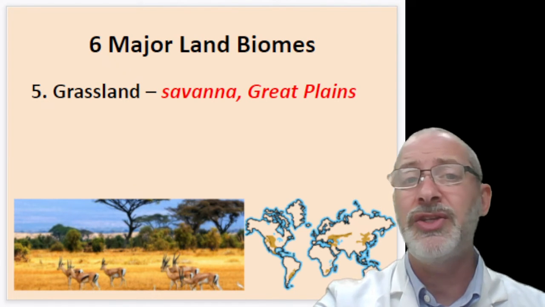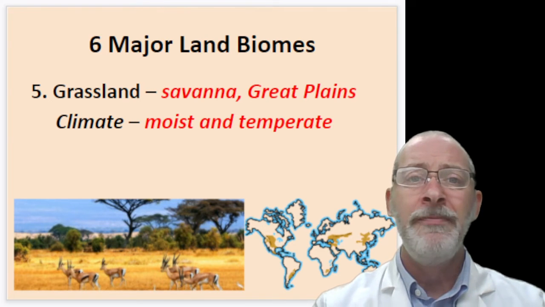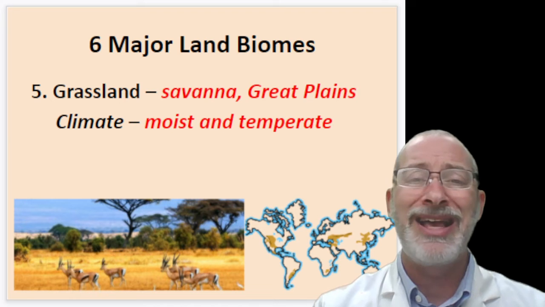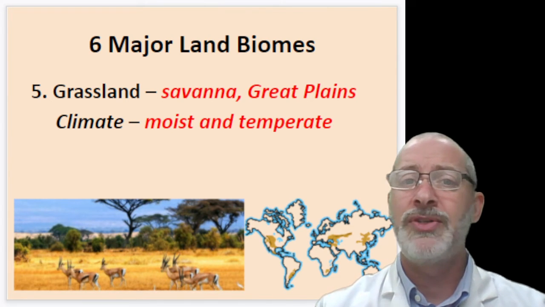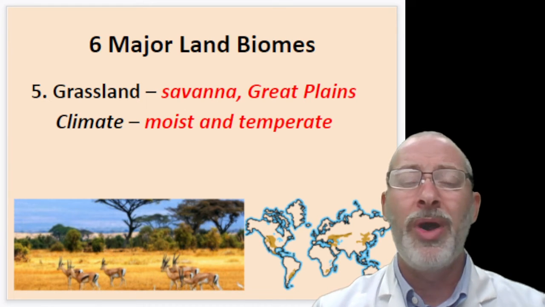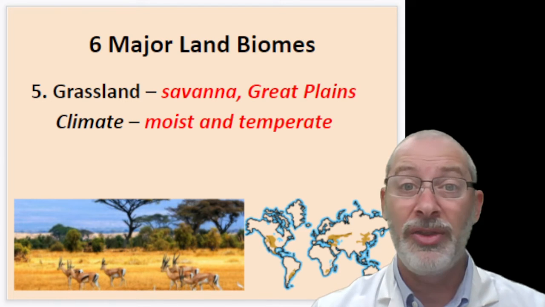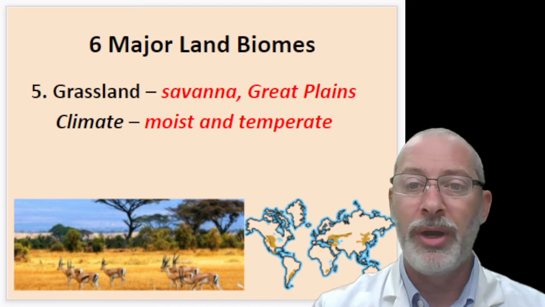But in grasslands, no matter what kind you have, although there are some extremes, most grasslands are going to be somewhat moist, to provide enough precipitation for the plentiful grasses, and somewhat temperate. They're not located near the tundra, they're not located near the tropics, but somewhere in between.